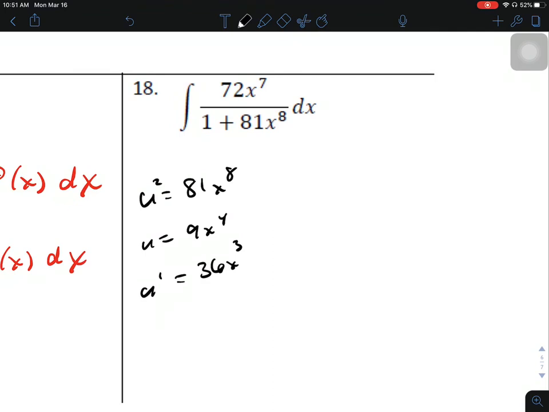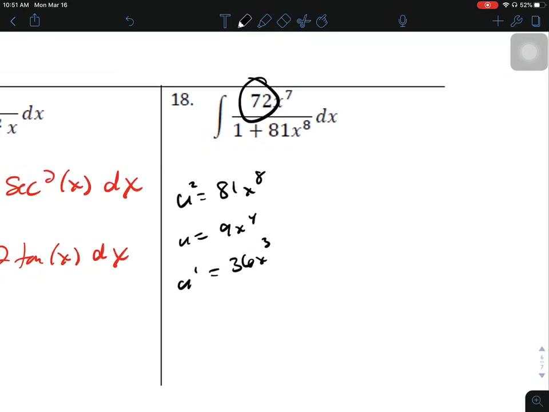Don't believe this matches up as it should. So if I double, I can fix this. I can't fix this. If this 7 was a cubed, I could get this to work.